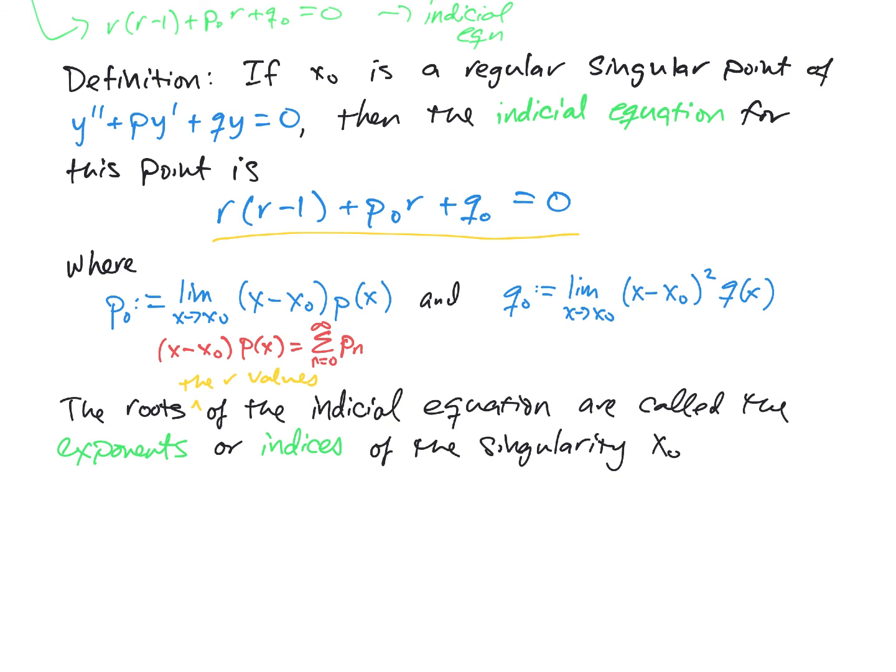It's not x to the n, it's (x minus x naught) to the n. And so if you take the limit as x goes to x naught of this expression, all of the terms go to 0 except for the p naught term. And so that's exactly what you're getting here. That's where that definition comes from. And same with q naught. It's just the first coefficient of the power series representation of (x minus x naught) squared times q of x.